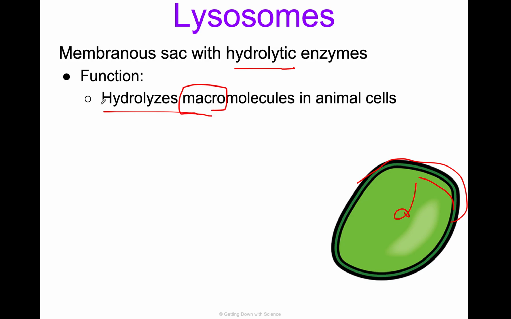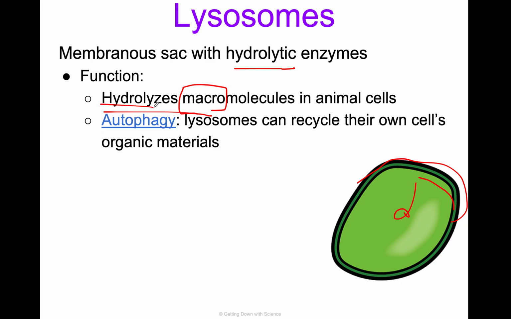Remember the hydrolytic process? Breaks down macromolecules. Unit 1's coming back to haunt us. It does this process by this term autophagy. Auto meaning to oneself, phagy meaning to eat.